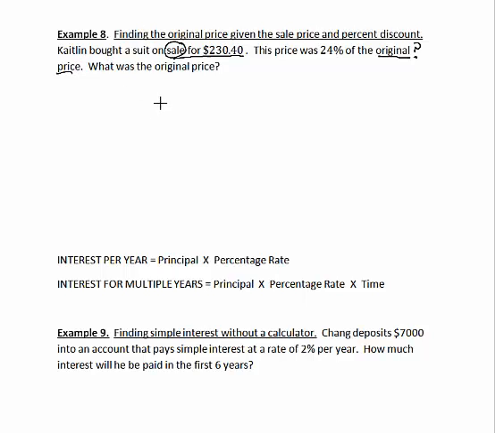Alright, to recall our formula from the top, we have sale price equals the original price times the percent paid. So the price is 24% of the original.